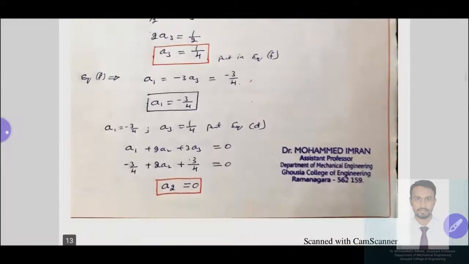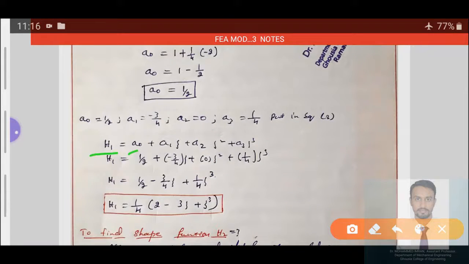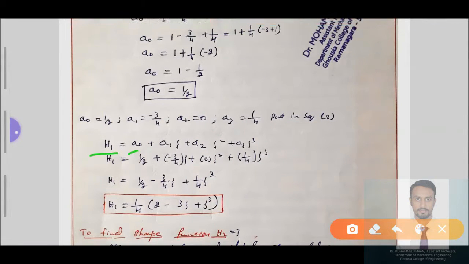Then equation number 3 becomes h1, with a0 remaining the same, 1 by 2, plus a1 which is minus 3 by 4 into zeta, plus a2 which is 0 into zeta square, plus 1 by 4 into zeta cube. Rearranging, we have 1 by 2 minus 3 by 4 zeta plus 1 by 4 zeta cube.